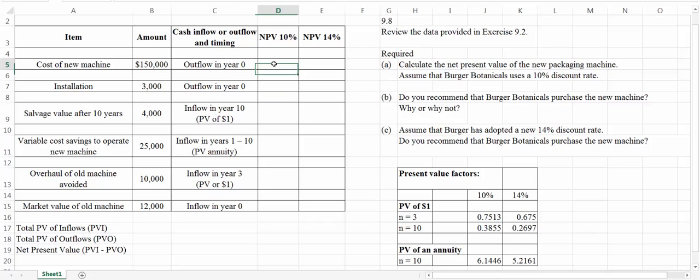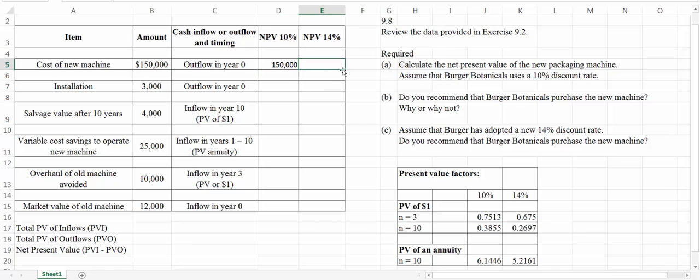All right, so the first thing that we're going to take a look at is the cost of the new machine. Remember, we said the cost of the new machine is an outflow in year 0, which means it happens right now. So that's going to be $150,000, and we don't have to do anything to that because that's happening right now.